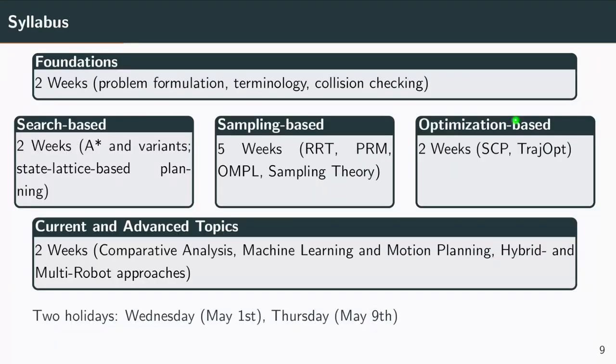Okay, and then what are we going to do during these 13 weeks? So basically the class is structured into these 5 areas of interest.